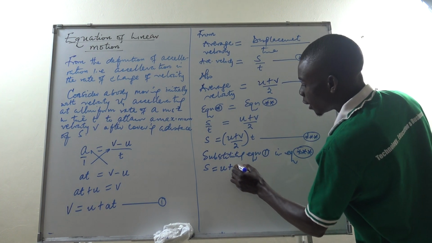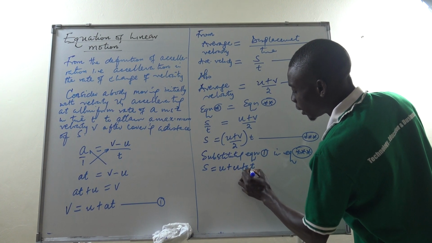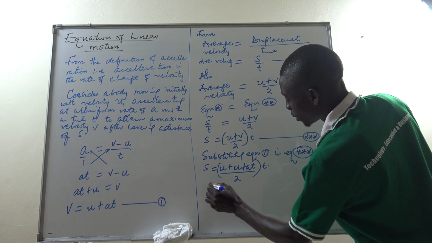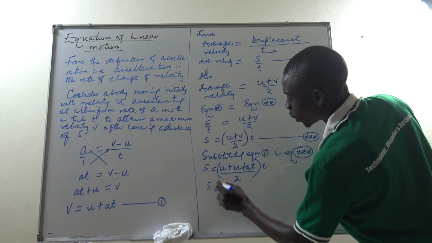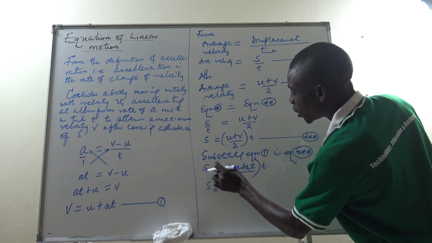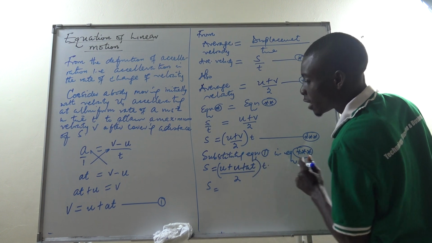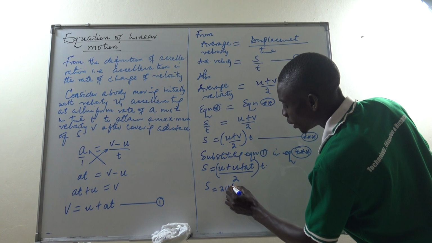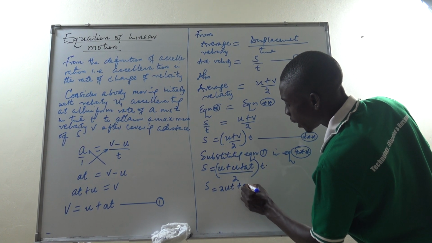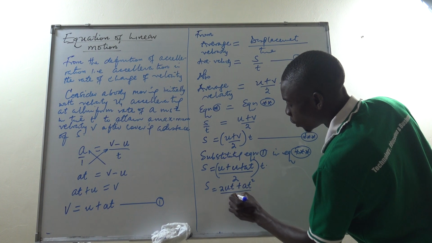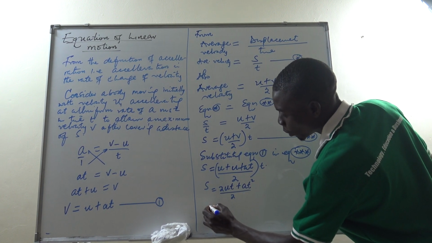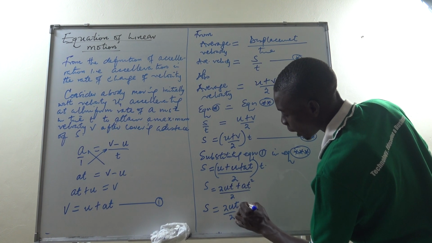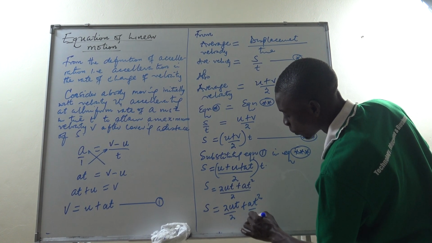That is s equals 2ut over 2 plus at squared over 2.